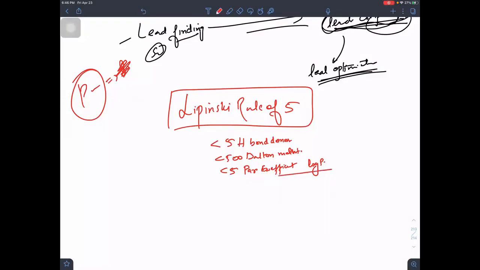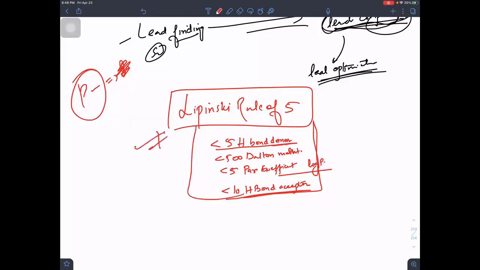This is telling us about lipid solubility. And you should have less than 10 hydrogen bond acceptors. The above one was less than 5 hydrogen bond donors. This is the Lipinski rule of 5. Is it clear? Just a small thing for you.